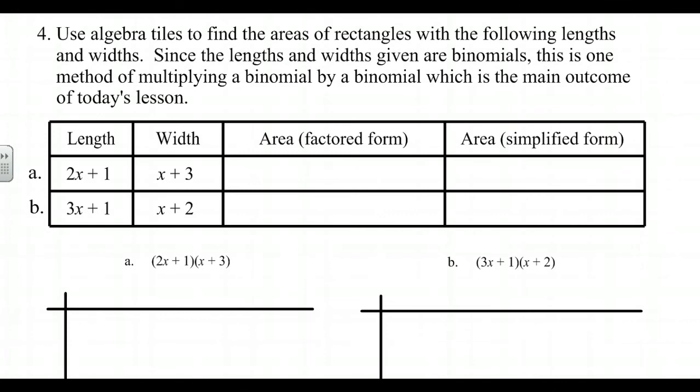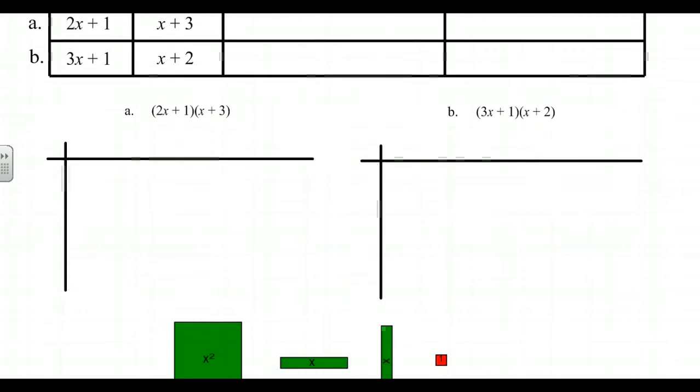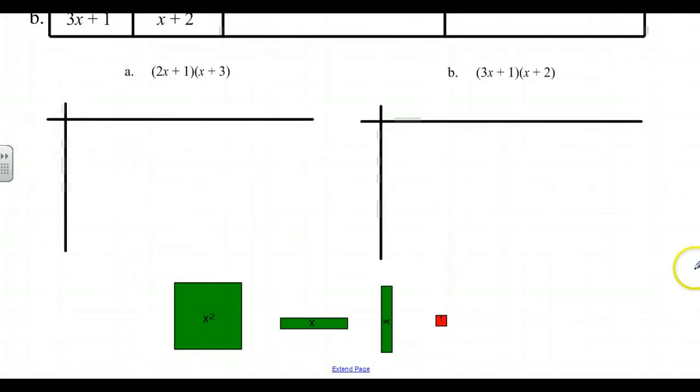Use algebra tiles to find the areas of the rectangles with the following lengths and widths. Since the lengths and widths given are binomials, this is one method of multiplying a binomial by a binomial, which is the main outcome of today's lesson. So I want 2x plus 1 times x plus 3, and I have some tiles hanging around down here. I need to switch to a pointer.